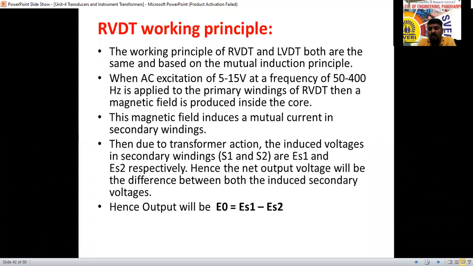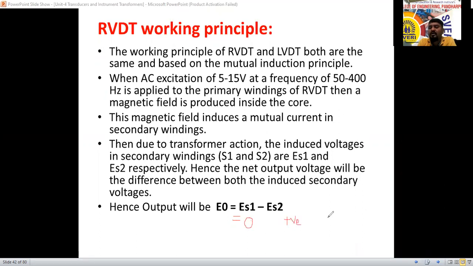Based on this formula, if ES1 equals ES2, then the output equals 0. That is called the null position, case 1. If ES1 is greater than ES2, then the answer will be positive, which we call the positive position.